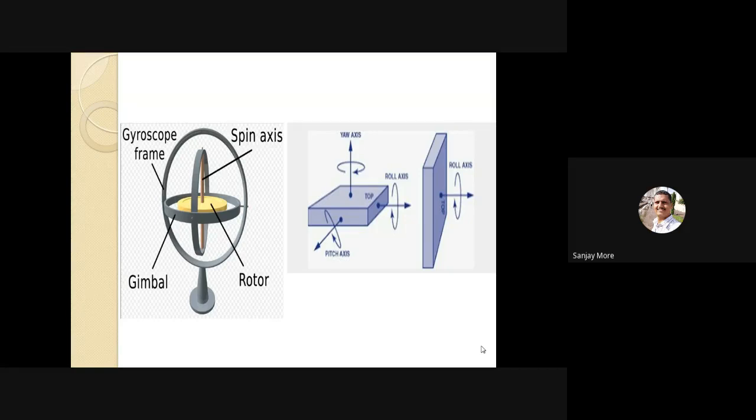See the 2-dimensional and 3-dimensional diagram of gyroscope. Here, within 2 to 3 minutes, draw this diagram. Only this 2-dimensional diagram, draw this under the heading angular acceleration measurement using gyroscope.